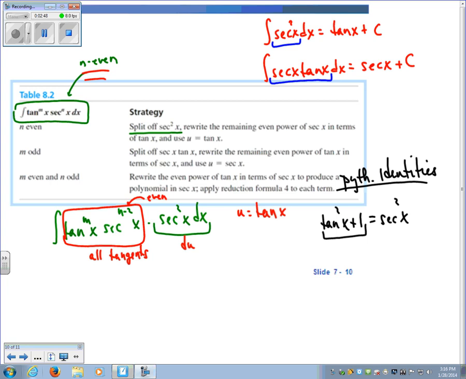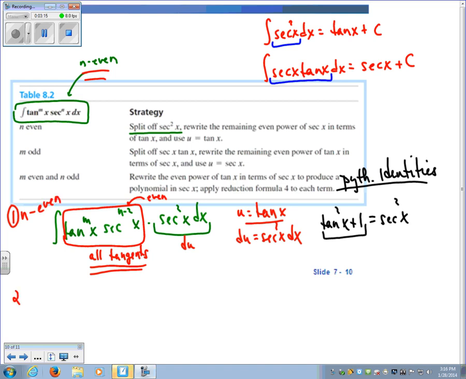What that's going to give me then is that this entire side on the left can be all rewritten in terms of tangents. Once I do that, I'm going to let my u be the tangent. My du then is going to follow to be the secant squared of x dx, and then I've got my simple u substitution. Okay, that's case 1, where the n, the power of the secant, is even.